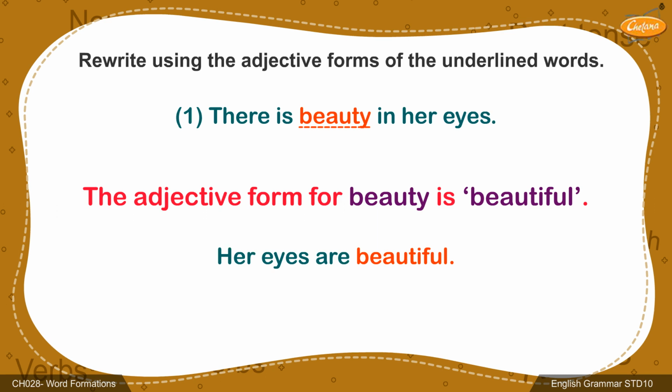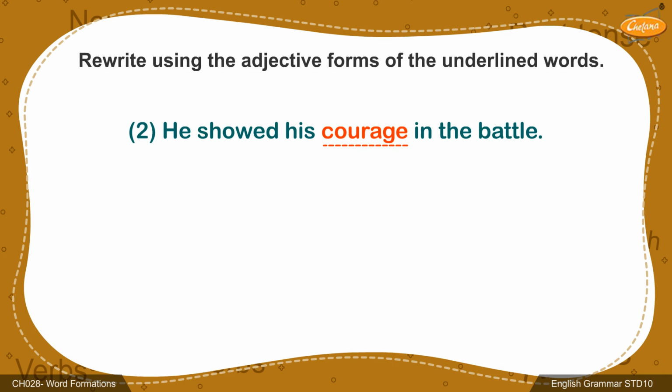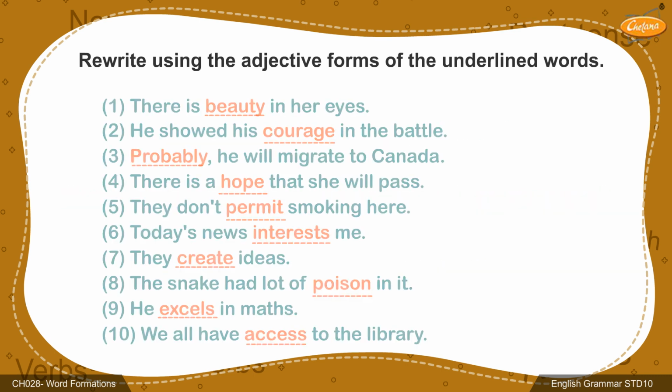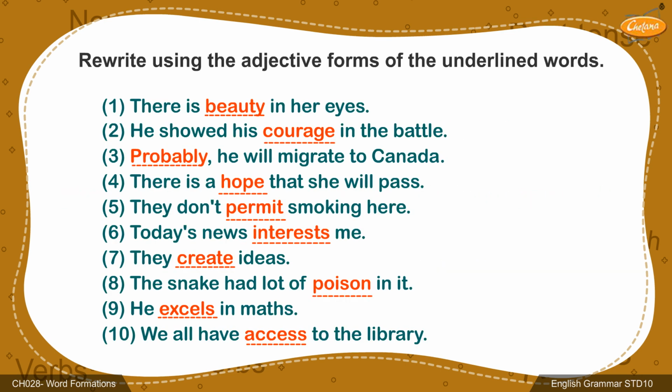"Her eyes are beautiful." The next example is, "He showed his courage in the battle." The adjective form for courage is courageous. The answer here would be, "He was courageous in the battle." You can now attempt the other sentences in this exercise on your own.